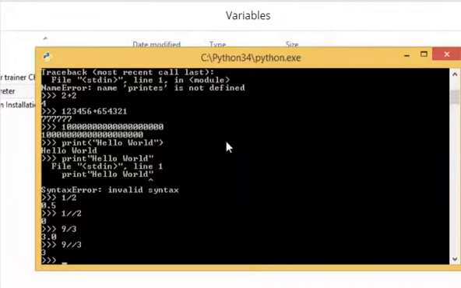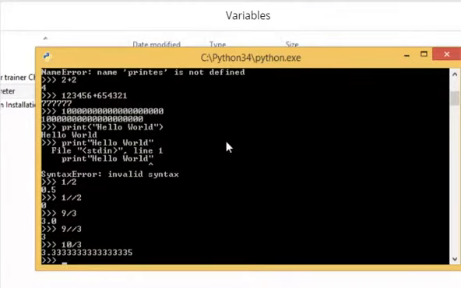That's the reason. We can also calculate remainders over here for indivisible numbers. Let's say 10 divided by 3, you get 3.333. That means it is not fully divisible, it still has a remainder.